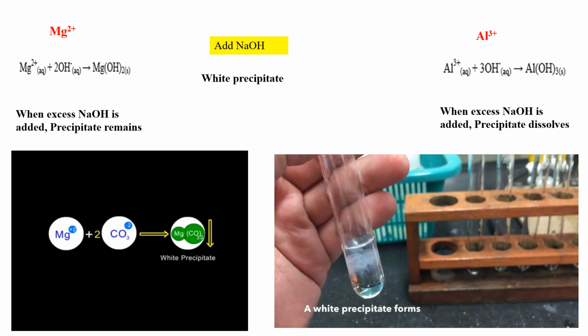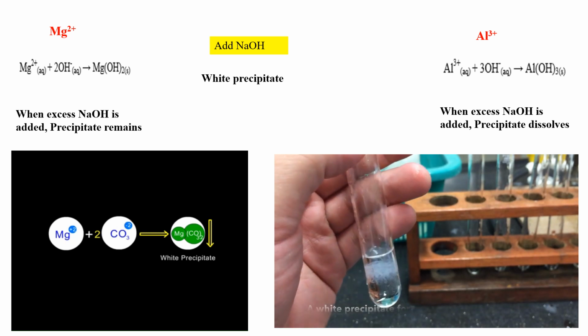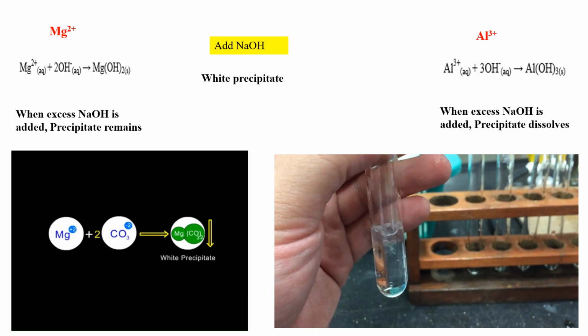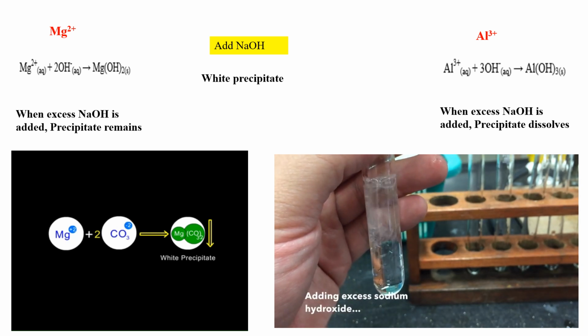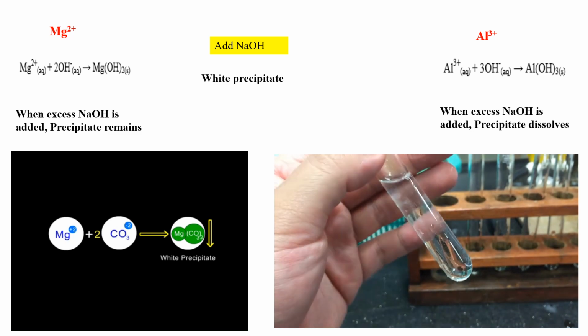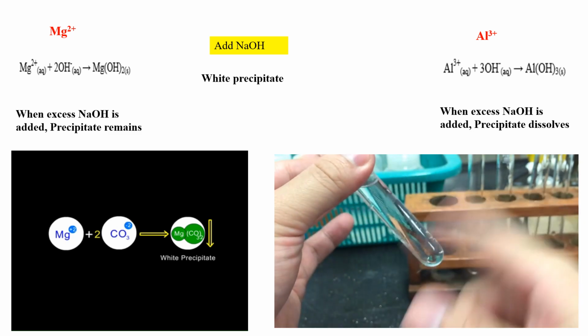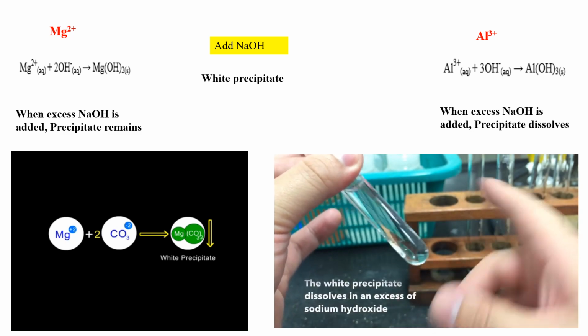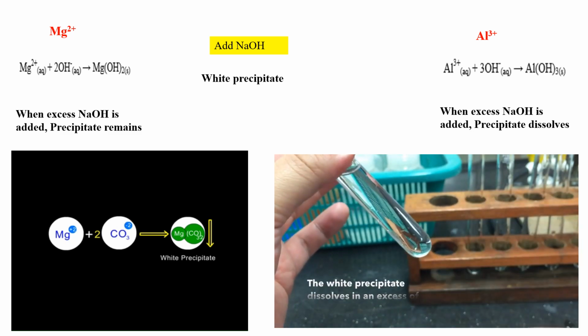Notice a white precipitate forms. Proceed to add excess sodium hydroxide. Notice how the white precipitate dissolves in an excess of sodium hydroxide.